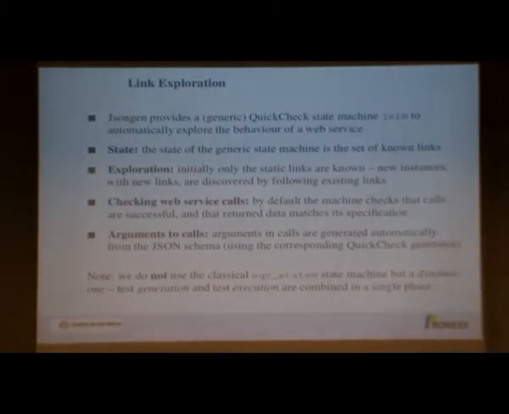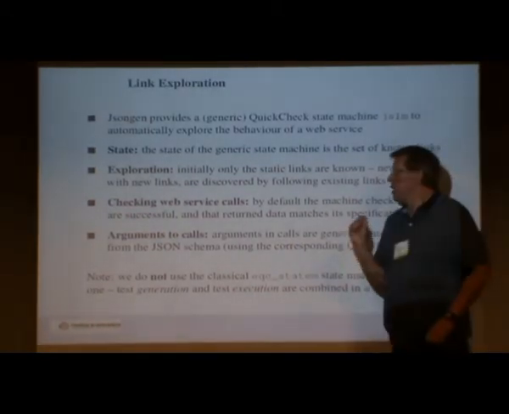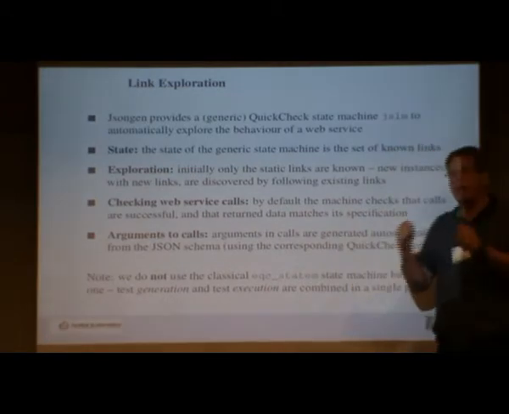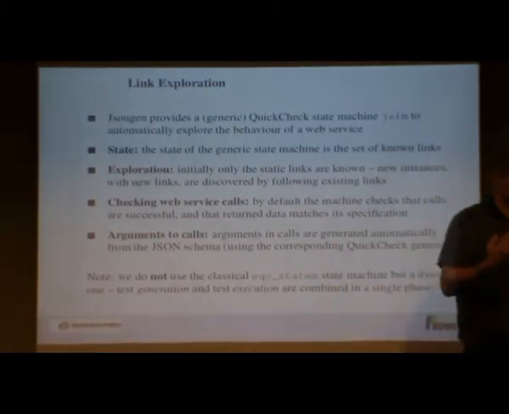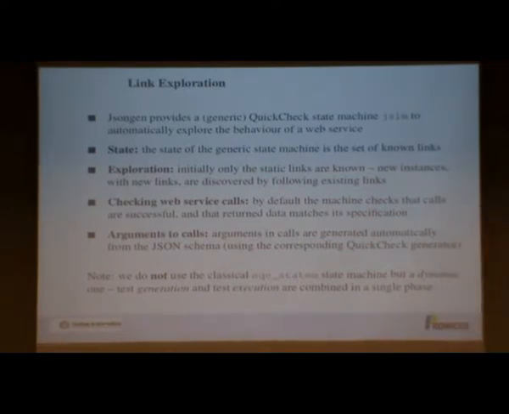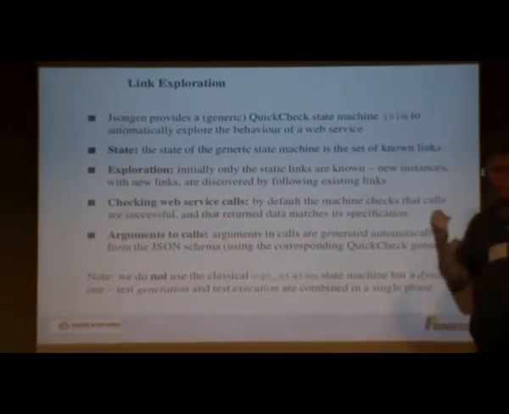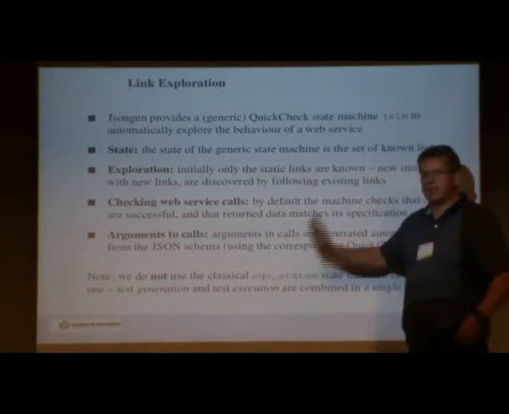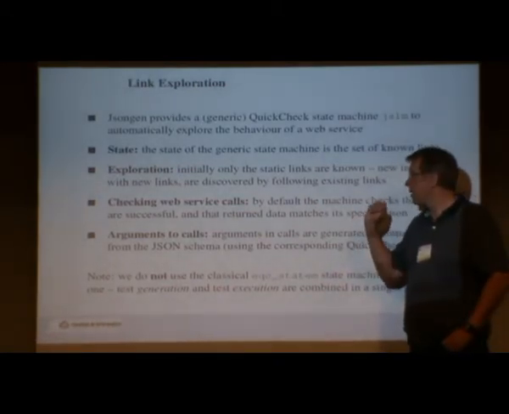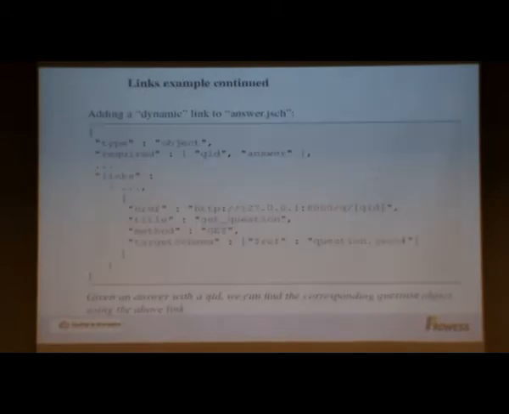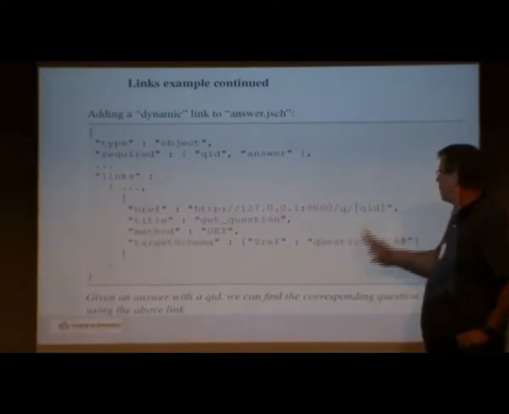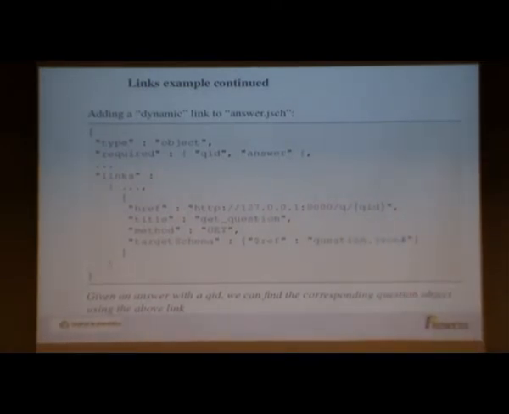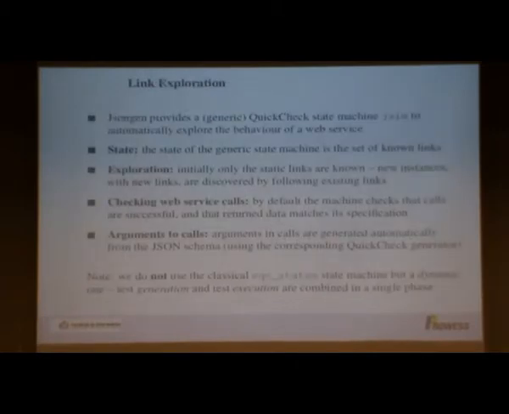So what do we do for a link? Following a link corresponds to doing a web service call. And what do we check? By default we check that the return result should match its definition in the JSON schema. For instance, if we follow this question link here, we really get back a question, so we have to validate the data.